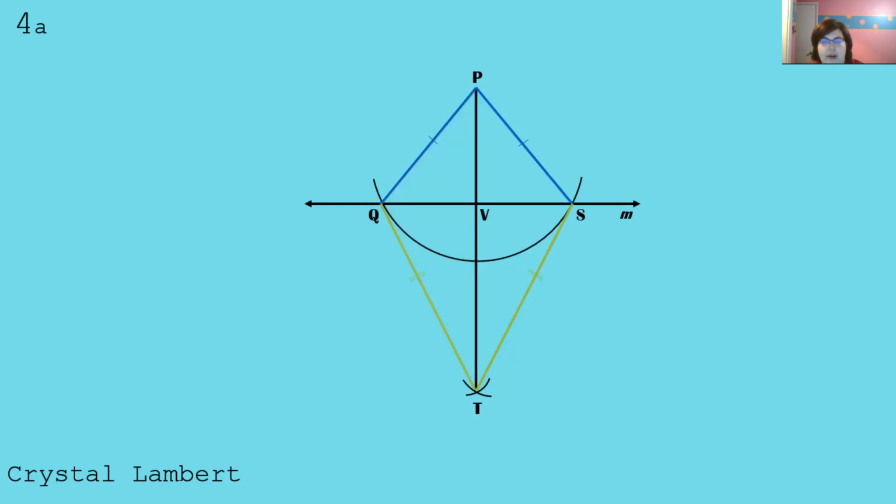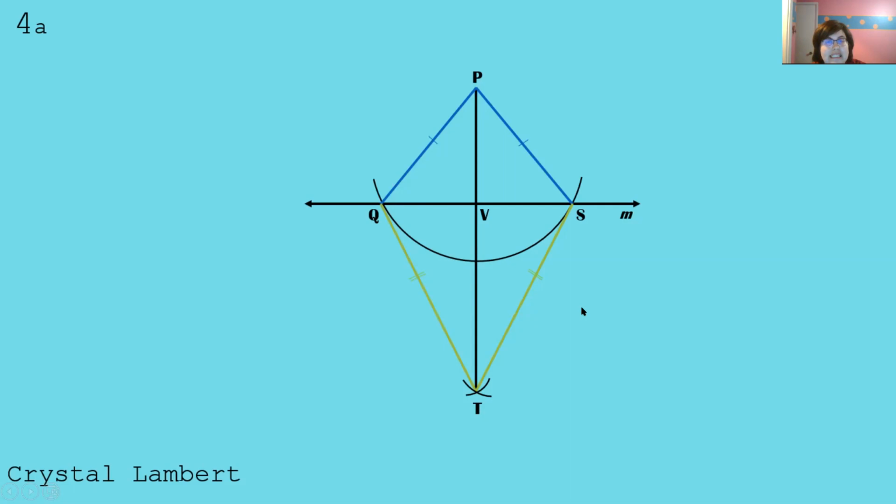And you can see this better now. There are the single lines, indicating that these two line segments are congruent. And then down here, QT and ST are congruent to each other. What else do we see? Well, we also know that line segment PT is shared by both triangles.